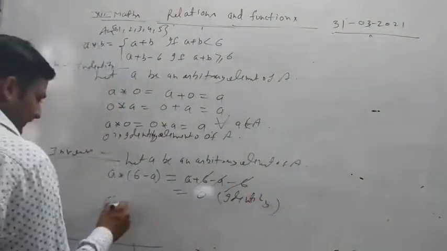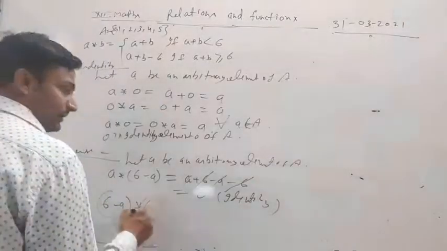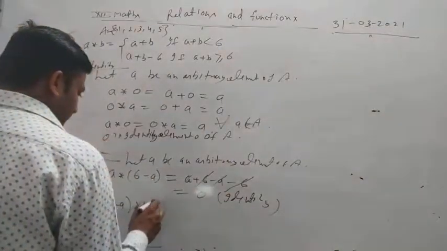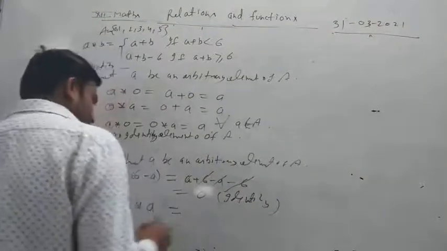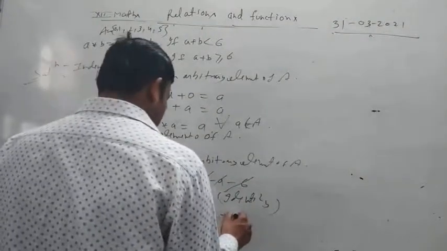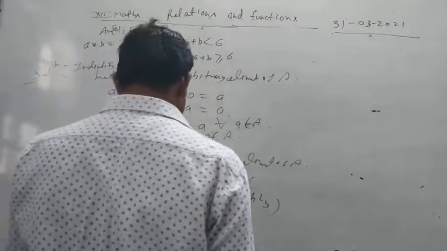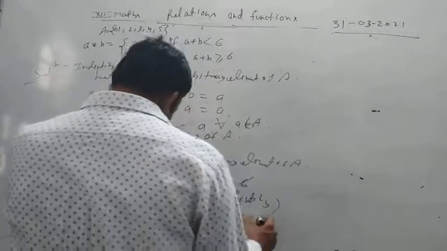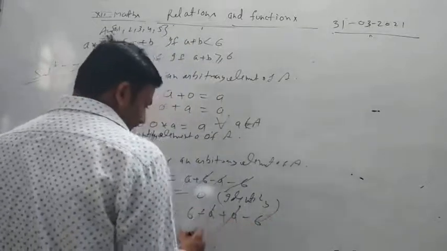Now we take (6 minus A) star A, which is 6 minus A plus A minus 6. Again this is 0.